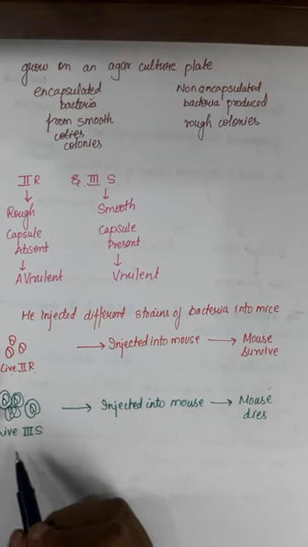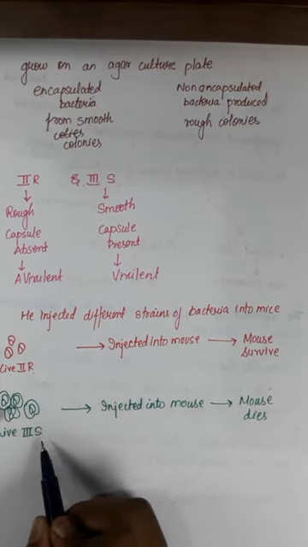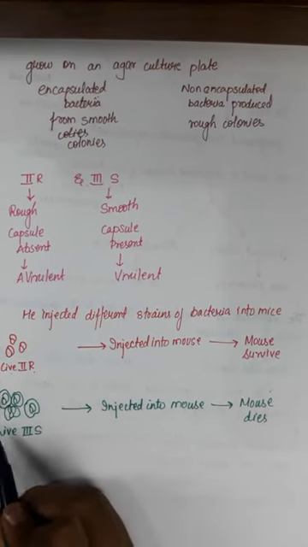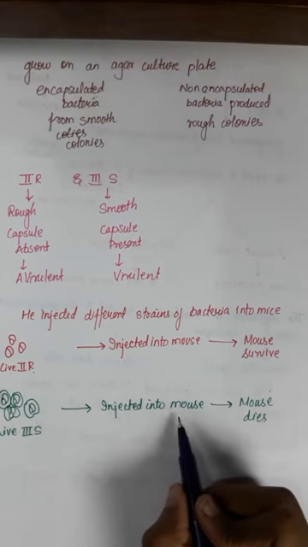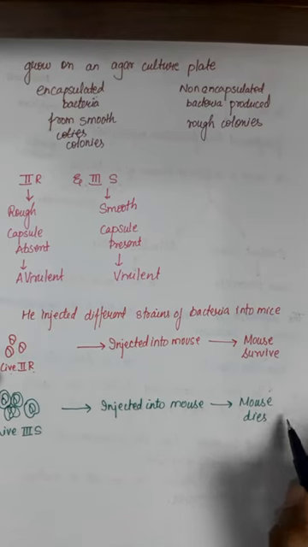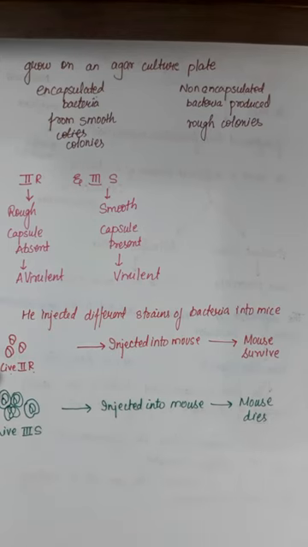The second time when he used the live 3S strain, this is a virulent strain, meaning it causes pneumonia, and he injected it into the mouse, the mouse suffered from pneumonia and ultimately the mouse died.